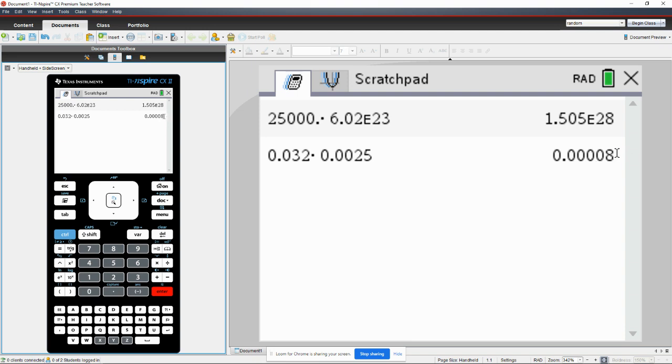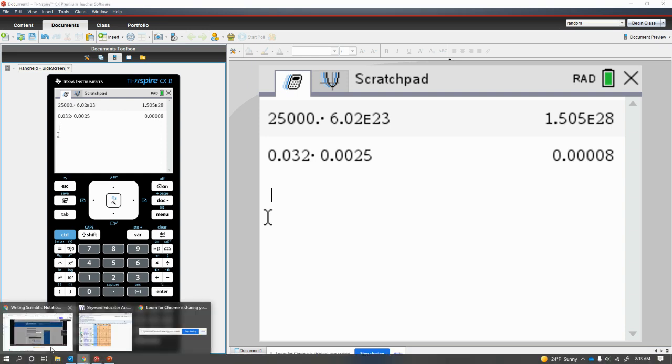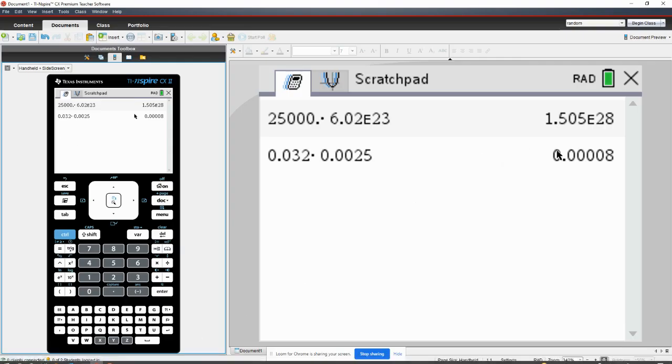So you can either have your option of, you can either write it in scientific notation, or you can write out the answer. Scientific notation, you would have to turn this into scientific notation. Okay, anyway, sorry, I was going to try to be able to write on here, but I can't.